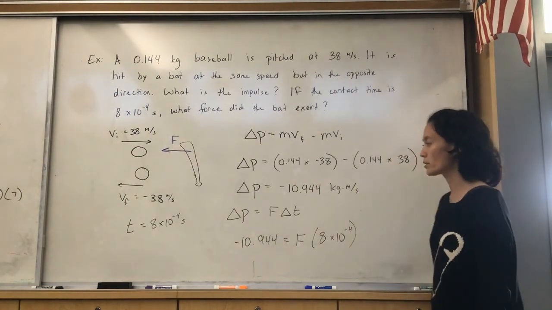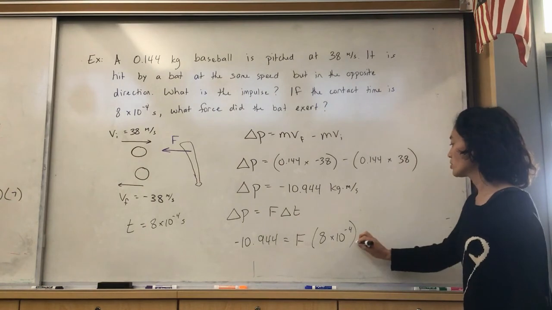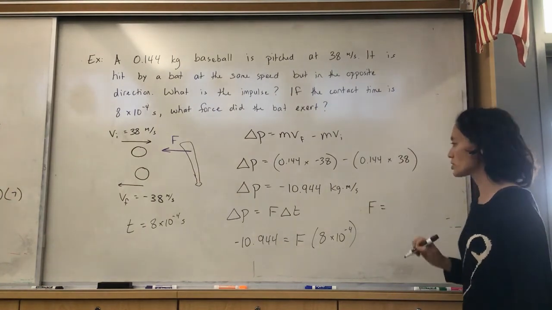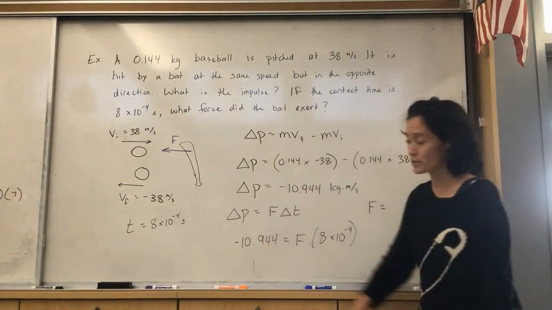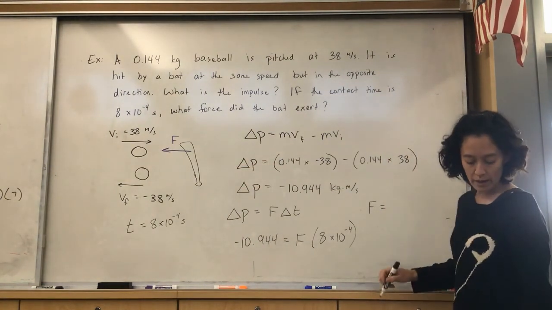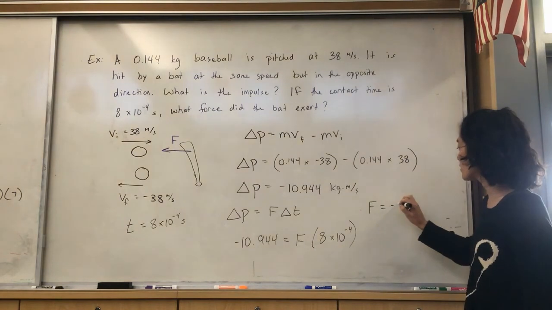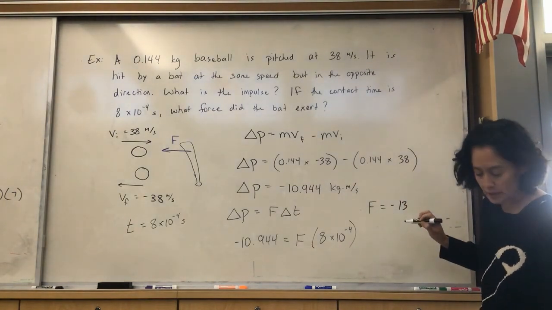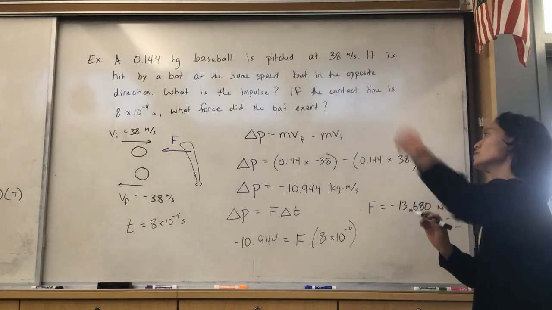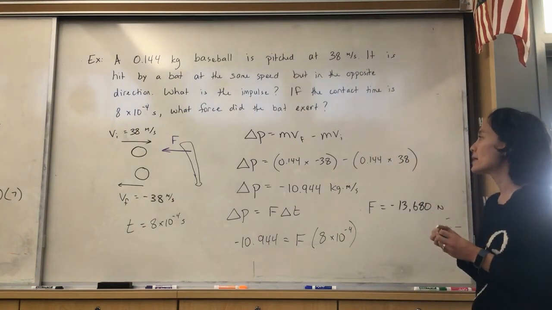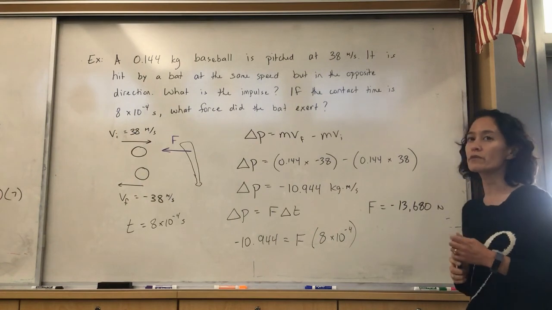Don't get rusty on your calculator skills. You should find that your force of impact is negative because that force is being exerted opposite the initial velocity. I got negative 13,680 newtons. So that is the basic concept of impulse and the different ways that you can calculate impulse.